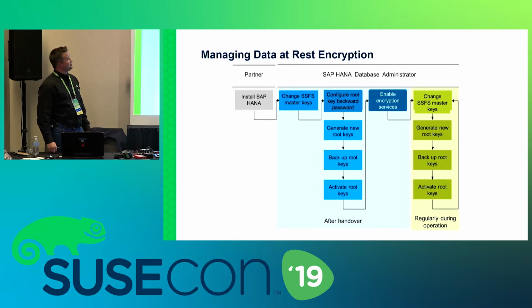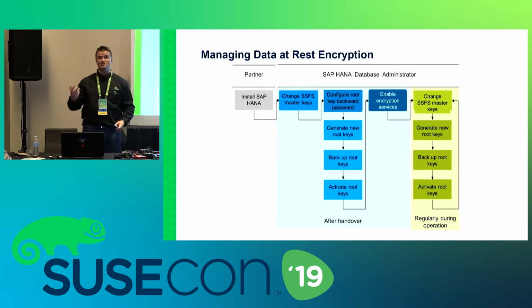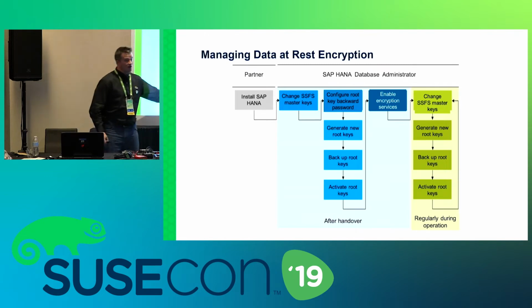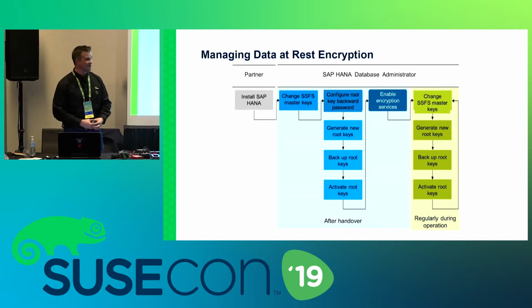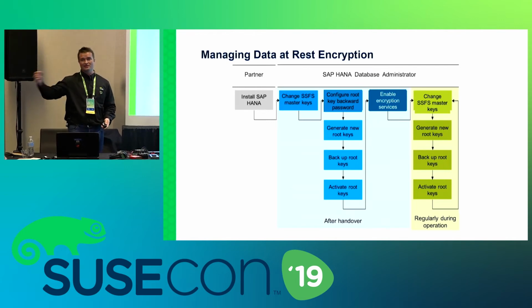So managing data at rest encryption: recommended if you installed HANA or a partner installed it for you, or you received the hardware from a partner, you need to change these keys regularly. So they say after handover, the first thing you do is change the key. If you don't, it's an auditable finding. If you get audited by any of the big companies, they will say finding, when did you change the key?